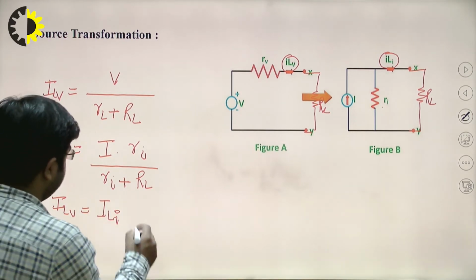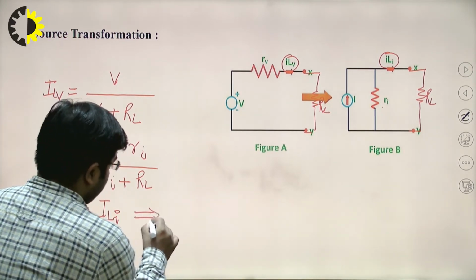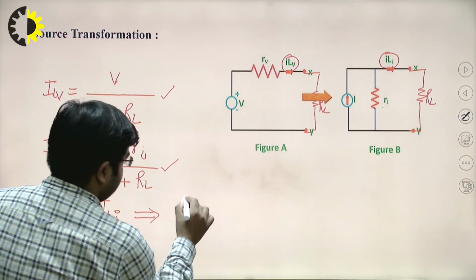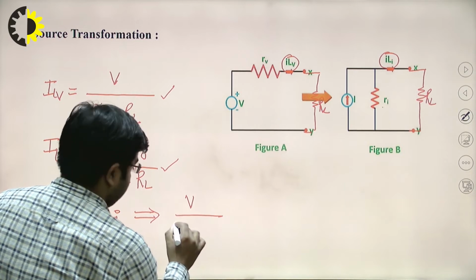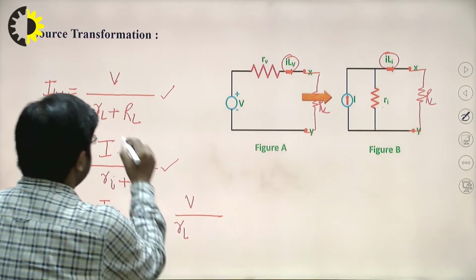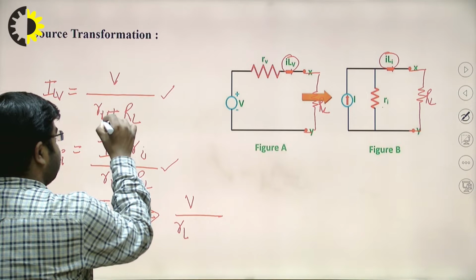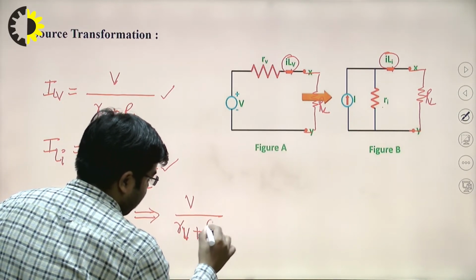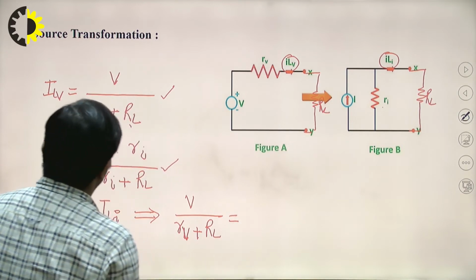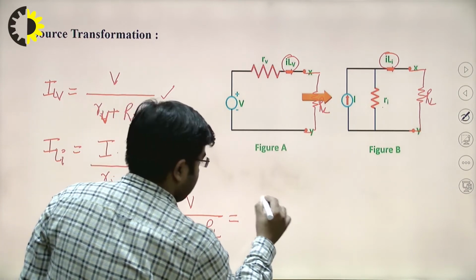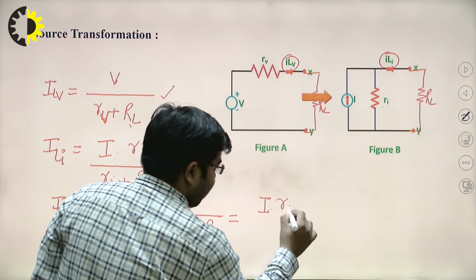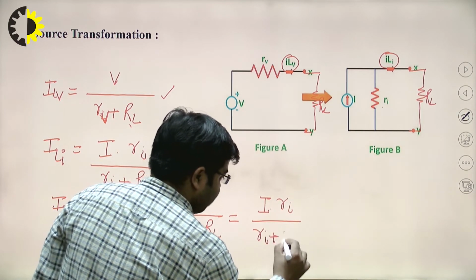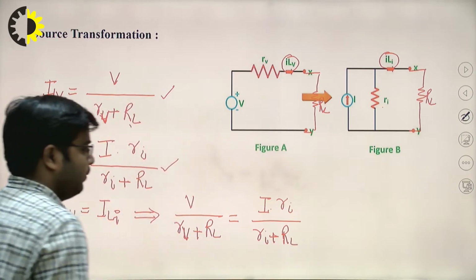Okay. Now you can put this value and this value here. So you will get V divided by Rv plus RL, which is equal to I into Ri divided by Ri plus capital RL.